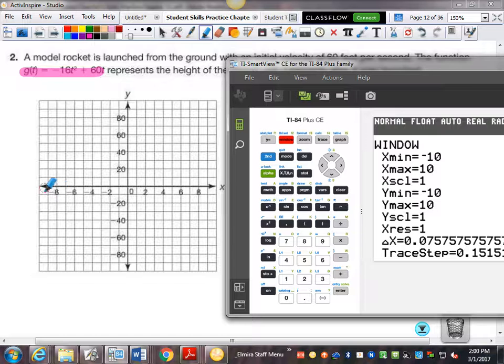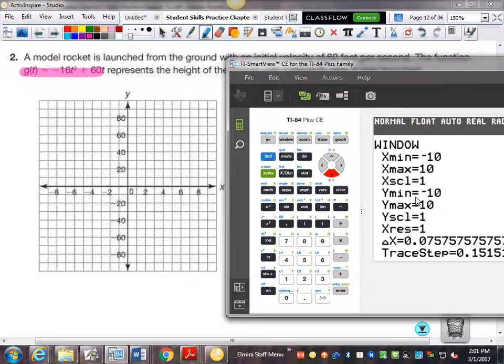I know the last number you see is -8, but to make the pictures as close as possible, the calculator shows a picture out to the very last edge. So that would be -10 to +10. So I'm going to leave that the same, and each box, and we're going by boxes, not what the numbers say, each box counts for 1. They just didn't label every box. So I'm going to leave the x scale as 1.